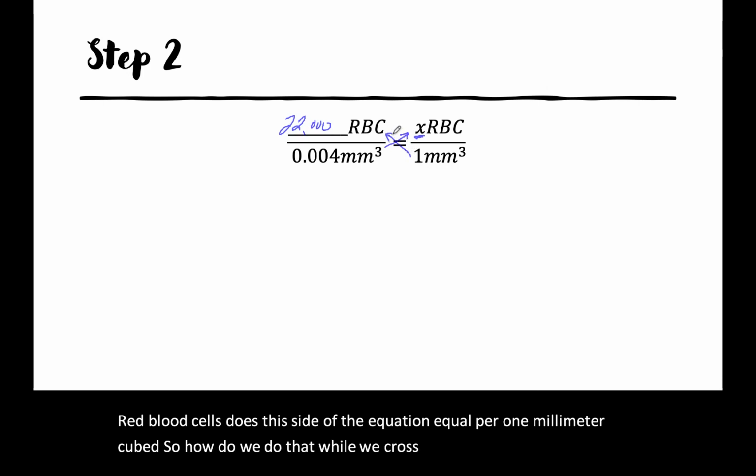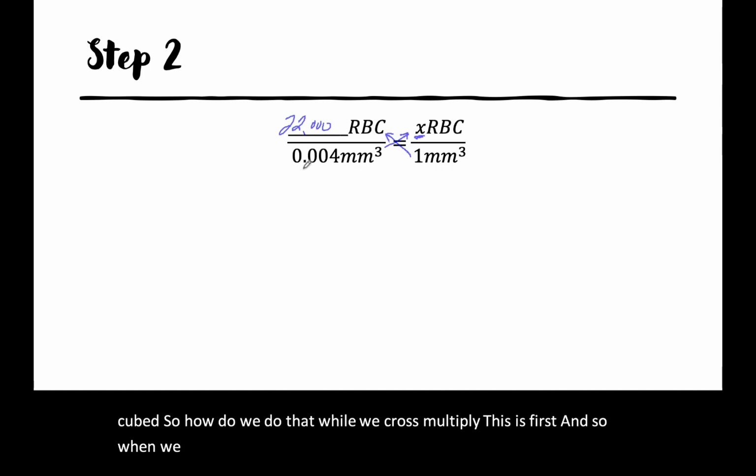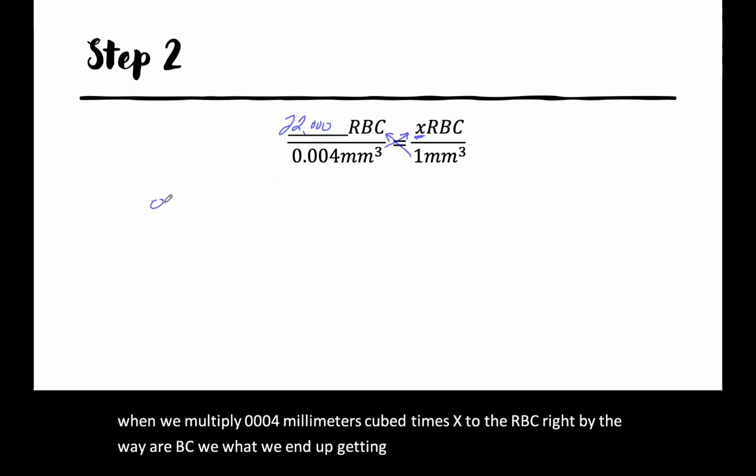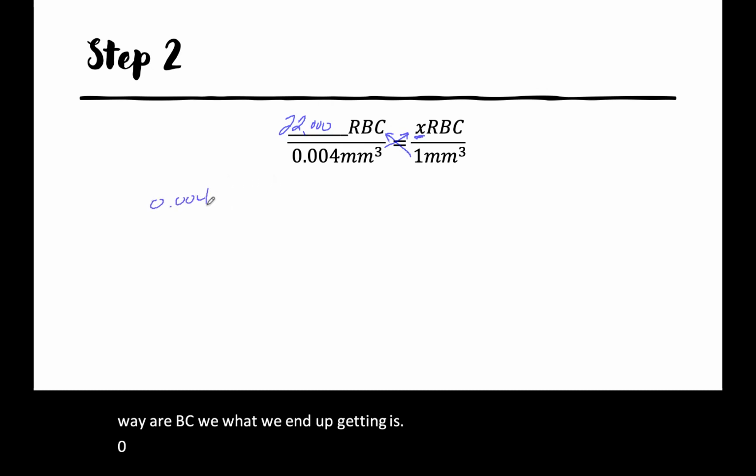When we multiply 0.004 millimeters cubed times x RBC, what we end up getting is 0.004x RBC per millimeter cubed. All right.